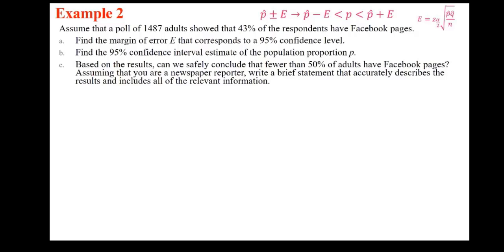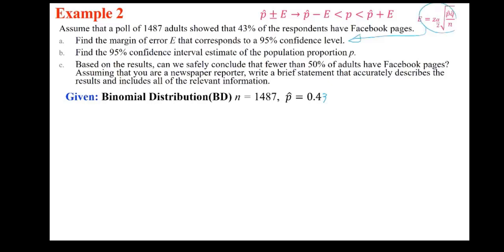The very first thing is, notice again, you have to convince yourself this is a binomial distribution. By now, everybody knows why. There are two outcomes: you have it or you don't. That means a Facebook page, and n is 1,487 with p hat being 0.43. Now we are going to calculate E. As you can see from the top, we have the formula for E. What we really should check is, can we use an approximation?